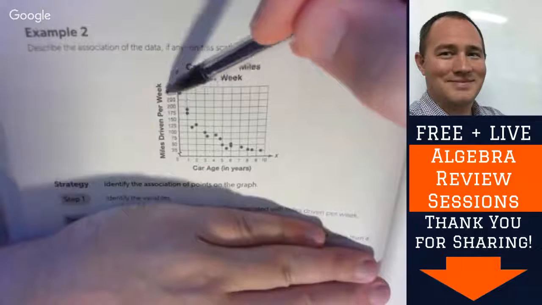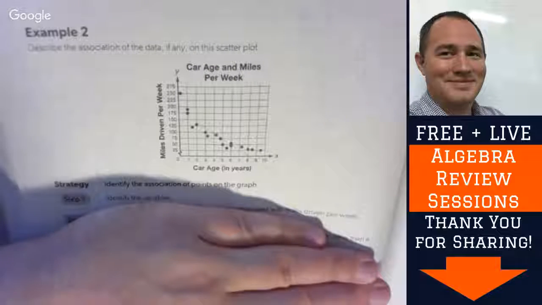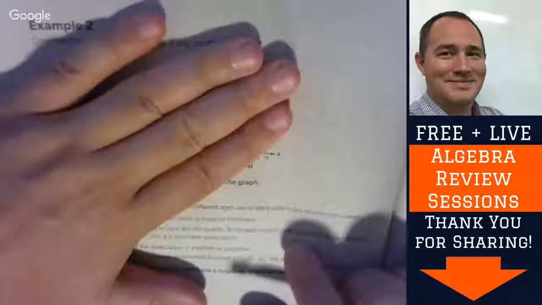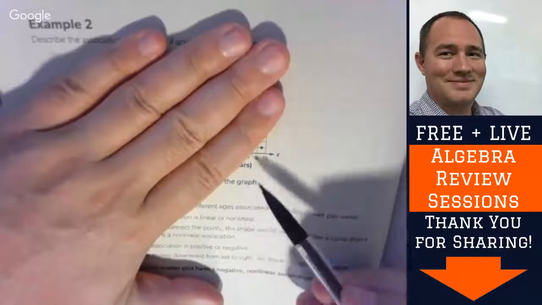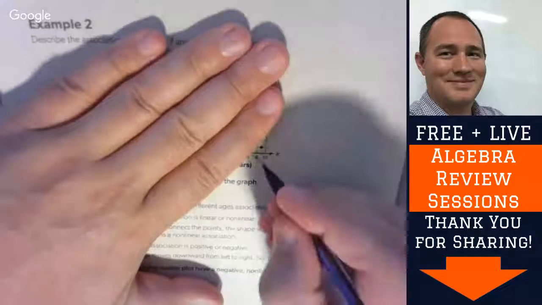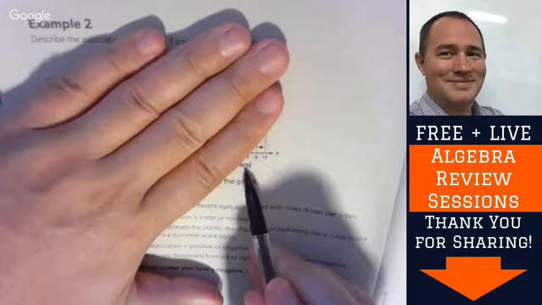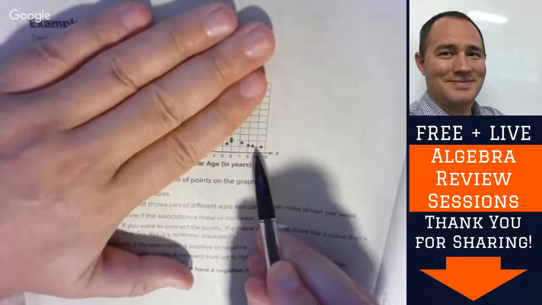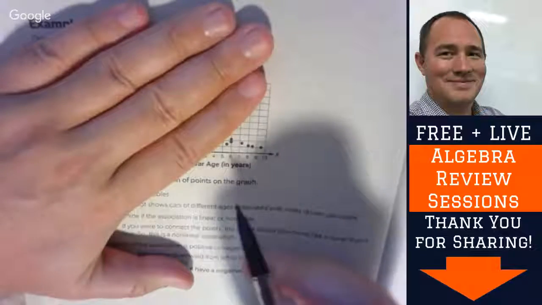So we can kind of draw a line through there, but we have to ask ourselves, when we're standing at this point in the line, we would want to see as many points below the line over here as we see above. So in this case, we don't see any down here. So we did not draw a very good best fit line.